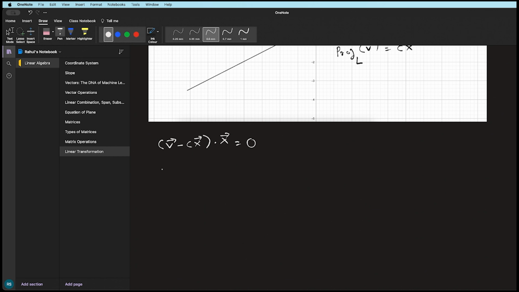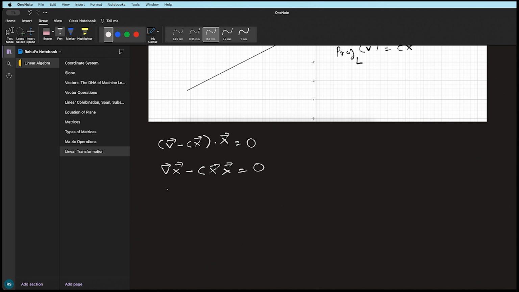So now, multiplying vector v with vector x minus c times x dot x equals 0.